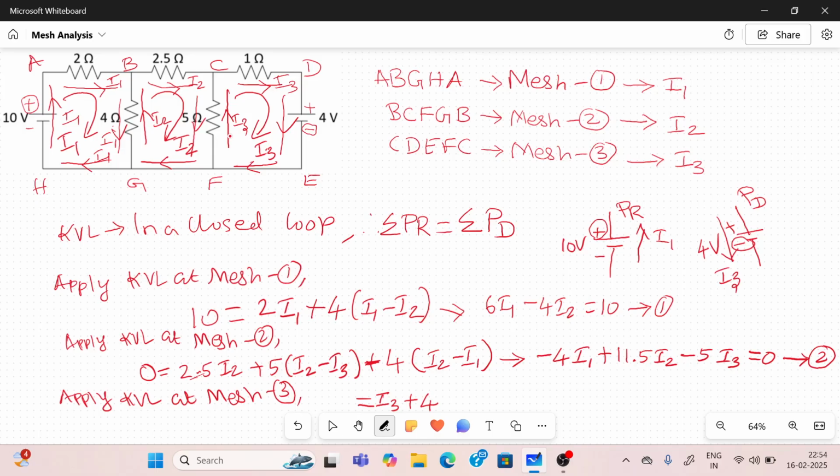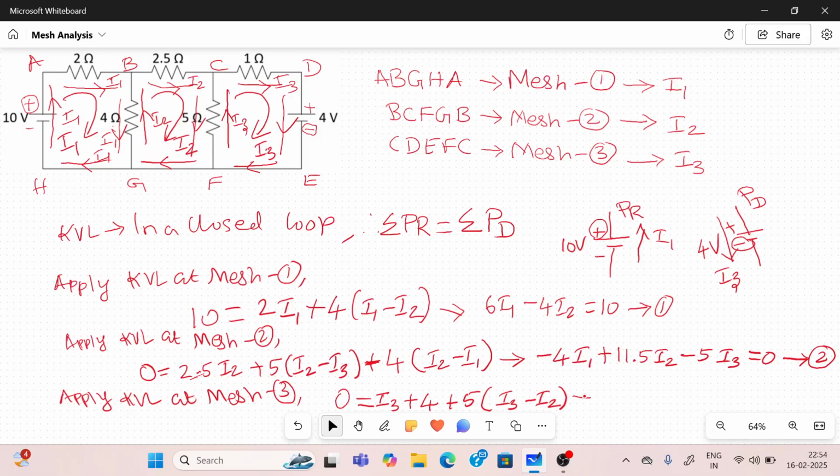Both are in opposite directions, so it creates a drop of 5 into mesh 3 current minus mesh 2 current. Why a minus? Because both currents are flowing in opposite directions. There is no potential rise, so 0.